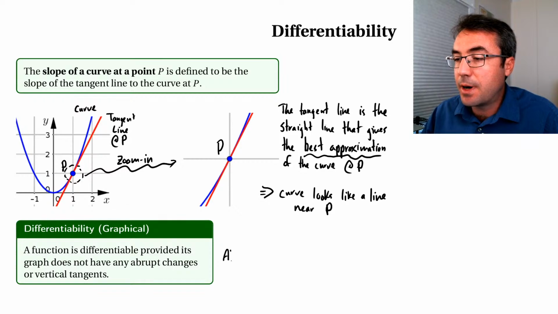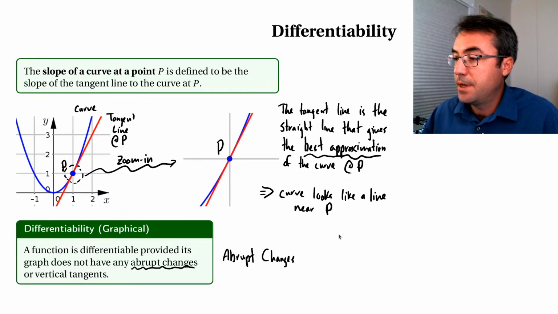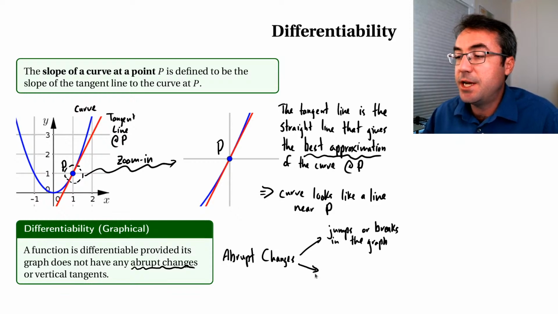When we think of abrupt changes, what we mean here is that there are two things to consider: any jumps or breaks in the graph, or just sudden changes in the slope of the graph. And that's what we're looking for.